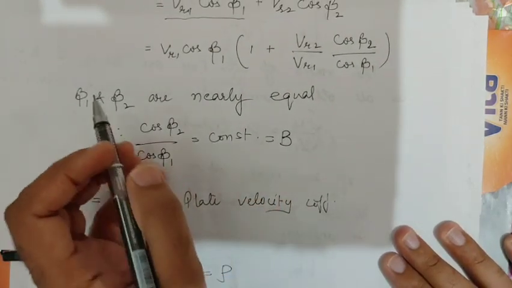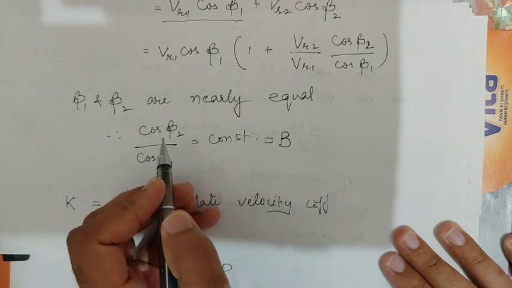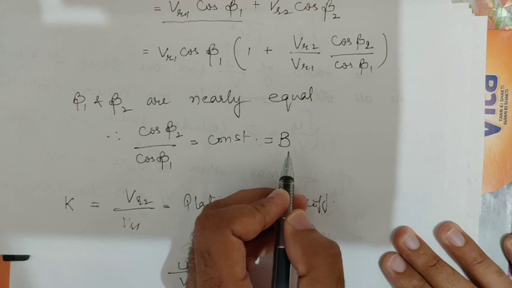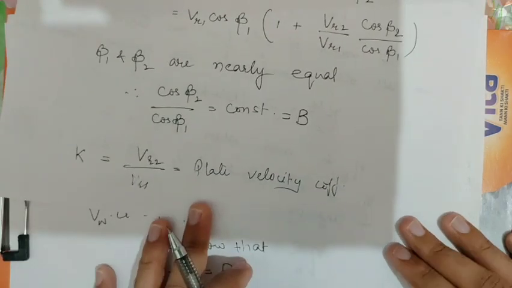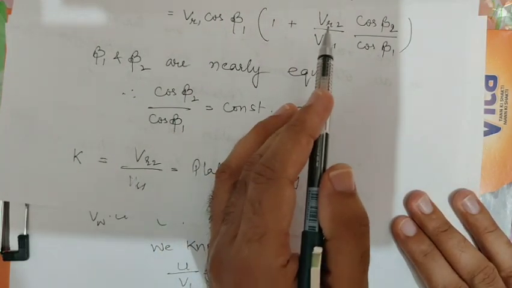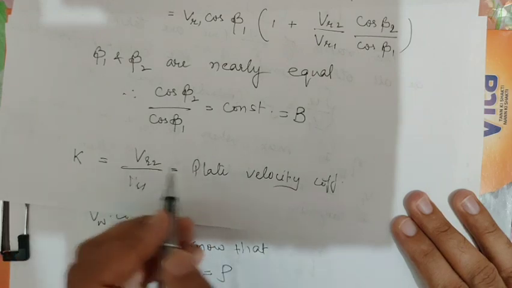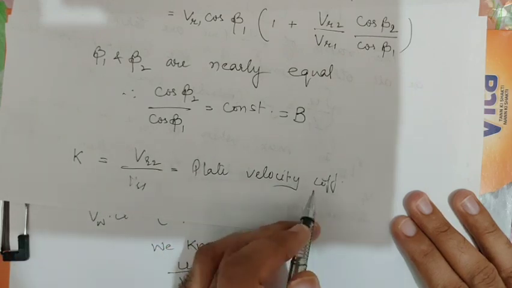So therefore cos beta 2 by cos beta 1 is a constant, and let it be b. And vr2 over vr1, let it be k, and that is called the blade velocity coefficient.